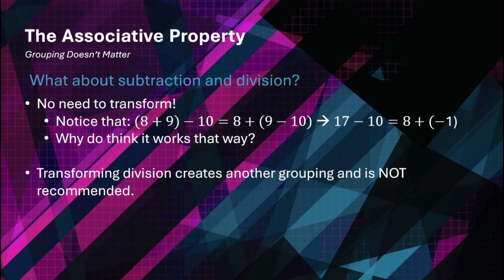And the right side, 8 plus the quantity 9 minus 10, is going to be 8 plus negative 1. So 17 minus 10 is 7, and 8 plus negative 1 is 7. So the nature of integer arithmetic allows us to apply the associative property without actually having to do any magical math transformations.